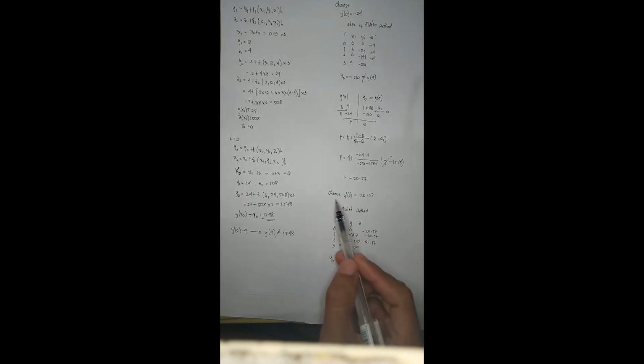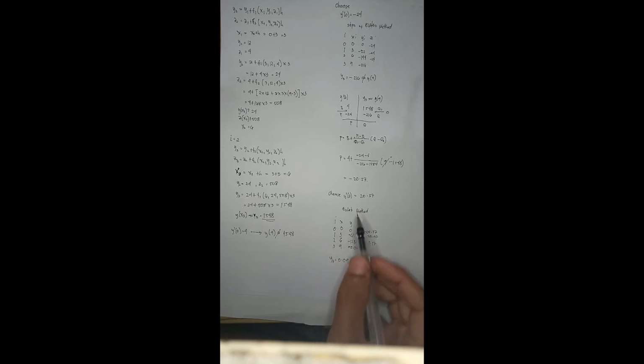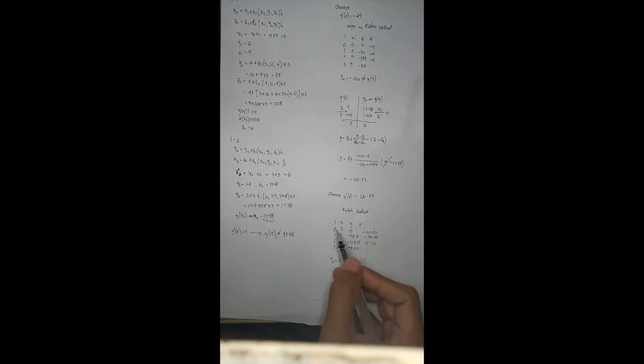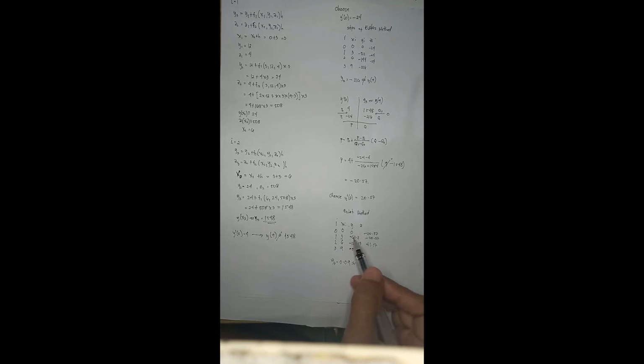Now we will choose again, as our y prime of 0 is negative 20.57. By using the Euler method, we can get our i0, i1: x1 is 3, y is negative 61.7, and z is negative 20.57.